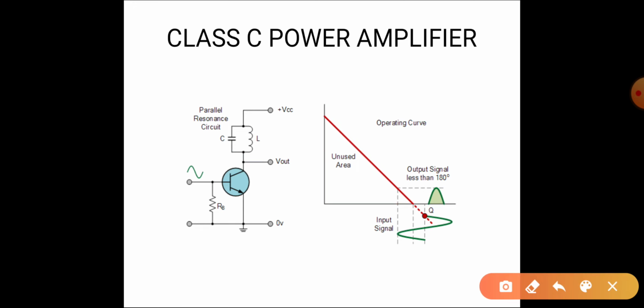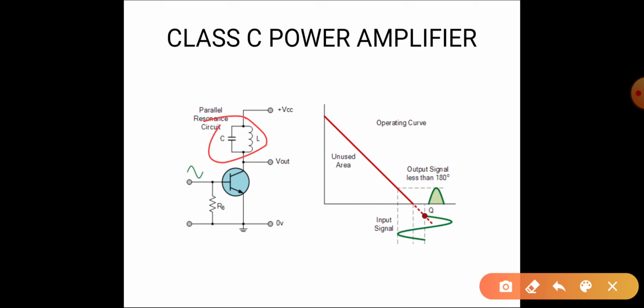You can see the circuit diagram for the class C power amplifier. Here a parallel resonance circuit is used, and the biasing is a different sort of biasing. It is not regular voltage divider biasing. It is a base bias. Why is this used?